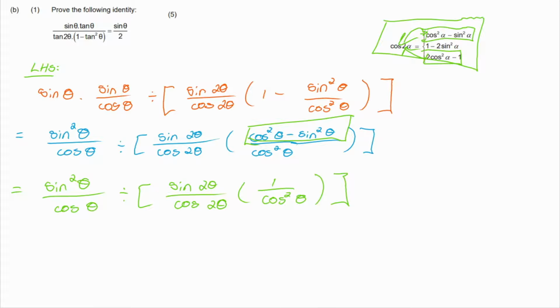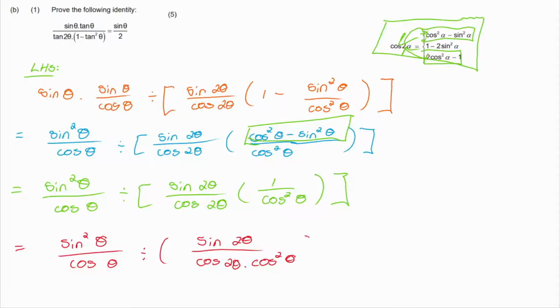Now we can still make things simpler, we can combine these two together, right? So what we're going to get then is this over here divided by, and now I'm just going to do a circle bracket, sine 2 theta over cos 2 theta times cos squared theta.